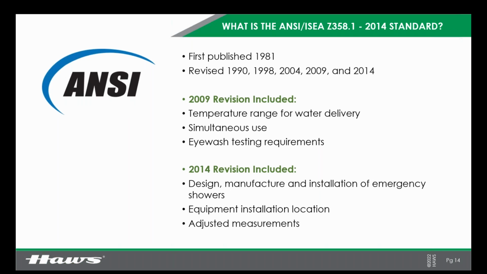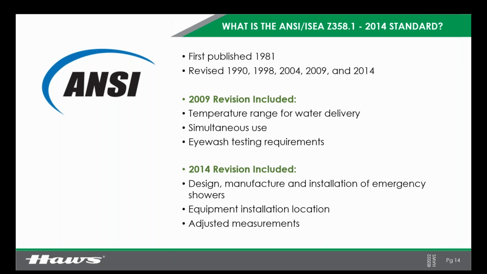Now, it was first published in 1981 and has had many revisions since. Two of the most important were in 2009 and 2014. Some of the things we got were huge changes, especially in 2009. We got a temperature range for water delivery. It used to just say tepid, which was a different temperature for everybody. We also got simultaneous use requirements and testing requirements, which is still a hot topic and a hard one to get everybody to focus on sometimes.